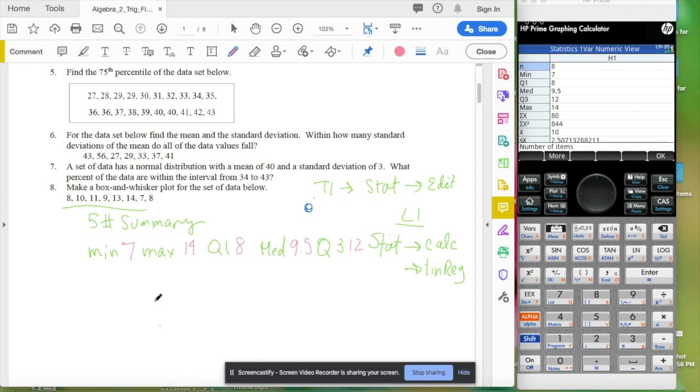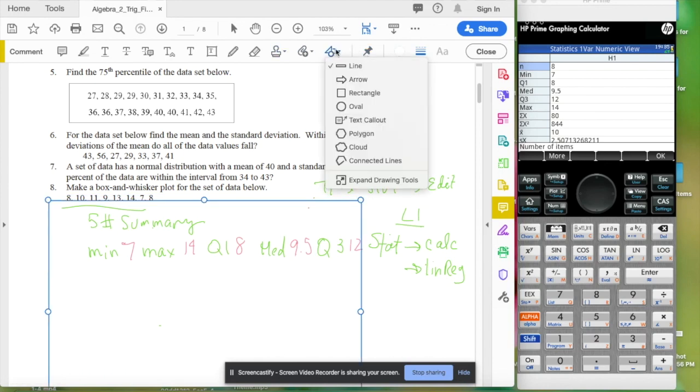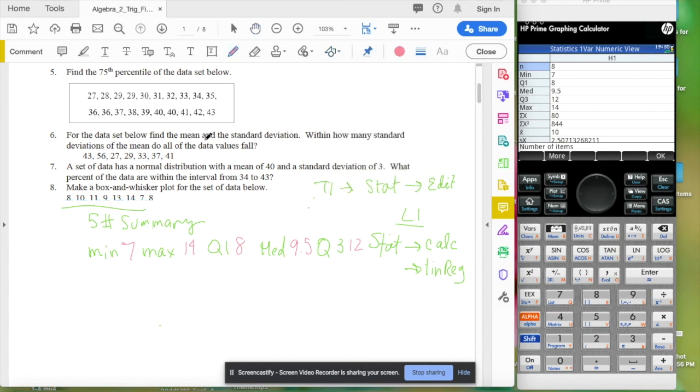So for our box and whisker plot, let's see if we can make a line. Ooh, I can make a line. That's not going to be what I want. Nope, it's not going to let me do it. Okay, that's fine. So I'm going to do my best to draw a straight line. There we go. There she is. Okay, so for our box and whisker plot, we know that our median is in the center.